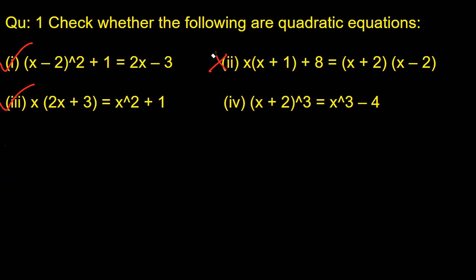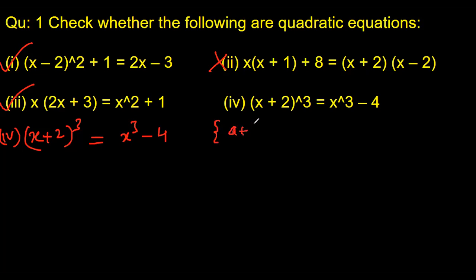The fourth one is (x plus 2) whole cube is equal to x cube minus 4. To solve this, you must be remembering the formula (a plus b) whole cube. If not, you should write it right here.